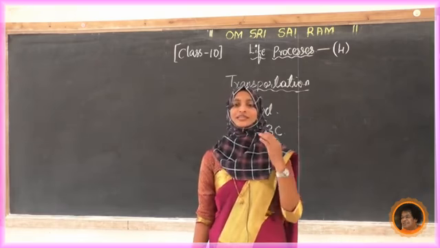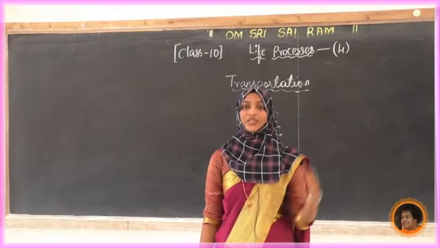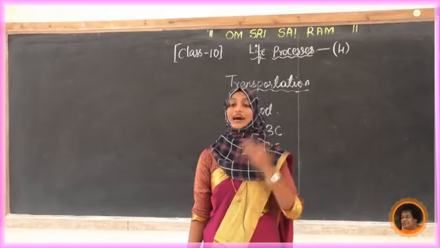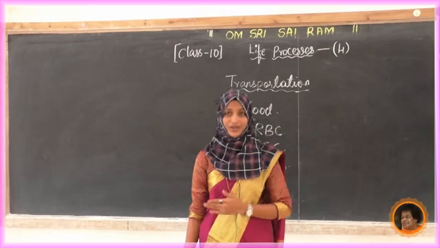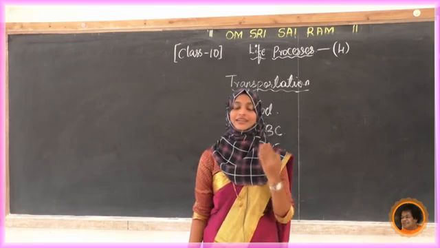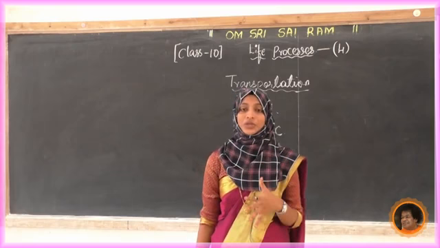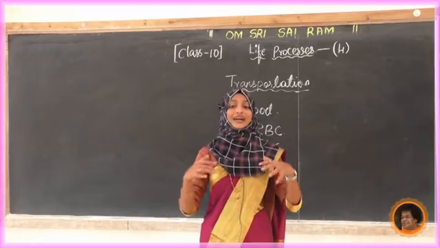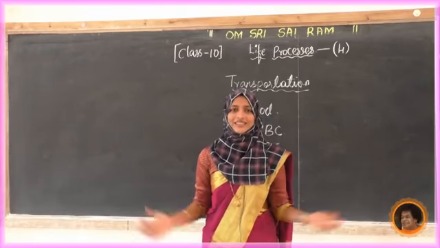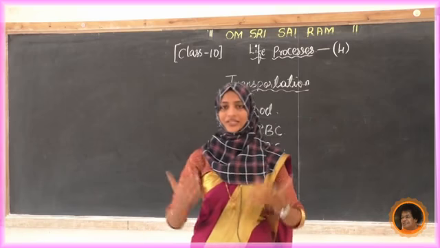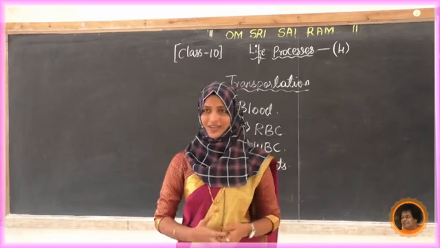Okay, come to know. See, in some cases, if you are getting a disease like malaria, what will happen? Our RBC count will come down. Sometimes, if you are getting a fever like dengue, our platelets will come down. Along with that, if you are getting any diseases and becoming weak, your WBC count is getting down.